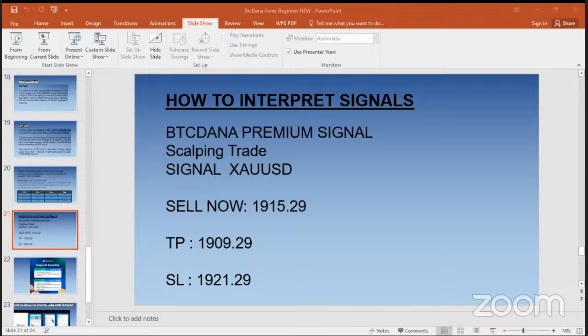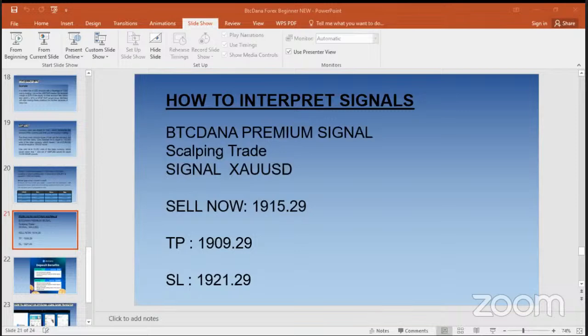You want to scalp and make sharp money, even if it is $2, $3, $4, $5, but you don't want it to take too long. That is what scalping trade means. Then we have intraday trading. Intraday means within the day, isn't it?